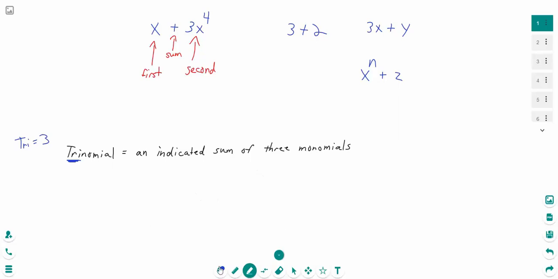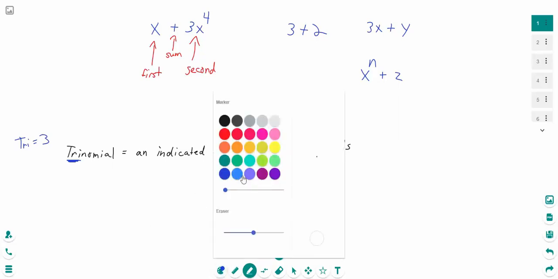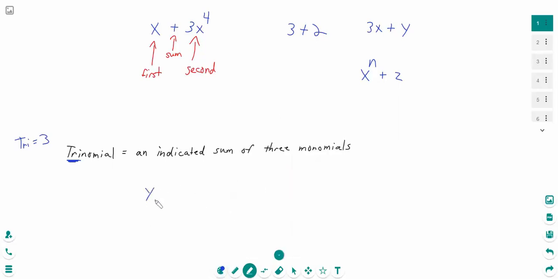So it's the same thing as a binomial, except now we have a third term. So it might be x plus 2x plus 3x. This could be considered a trinomial. It might be x squared plus 4x plus 6. This would be considered a trinomial, right? 3 different monomials being added together. All right, so that is the trinomial.